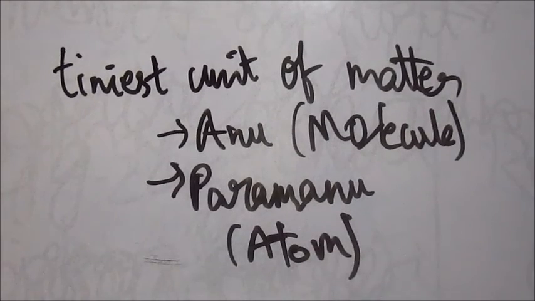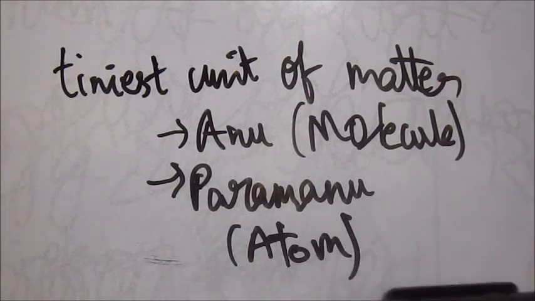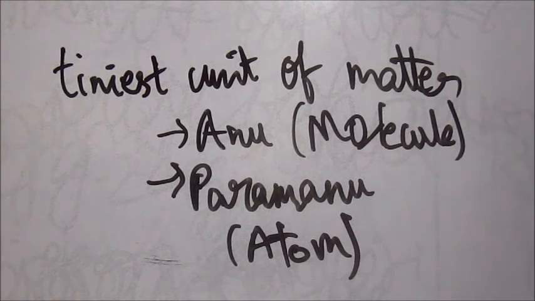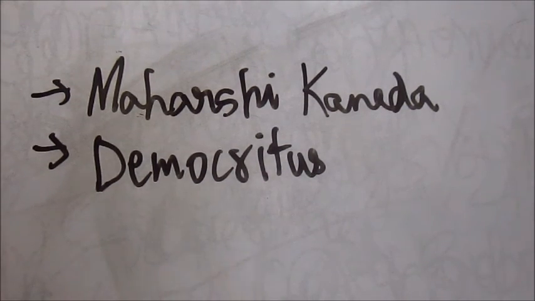Now the idea of the tiniest unit of matter, that is anu or molecule and paramanu or atom, was propounded by Maharshi Kanada in the Vedic period in India. Later, a Greek philosopher, Democritus, also proposed that matter is made up of extremely small particles, the atoms. The name atom comes from the Greek language, meaning indivisible.